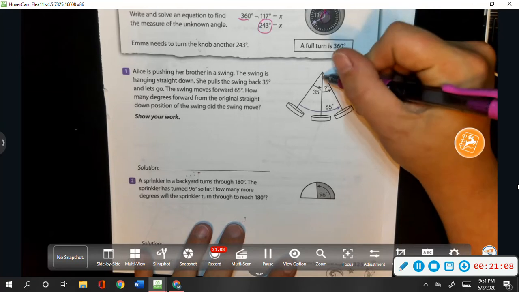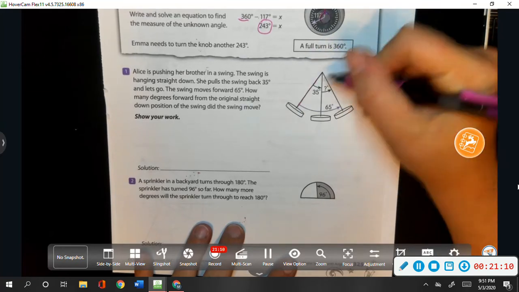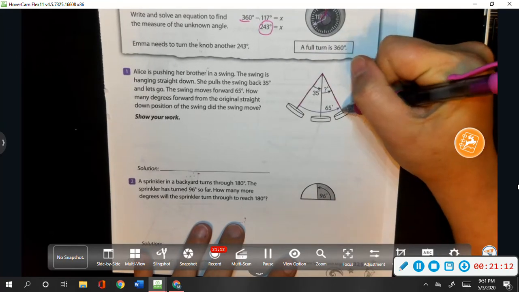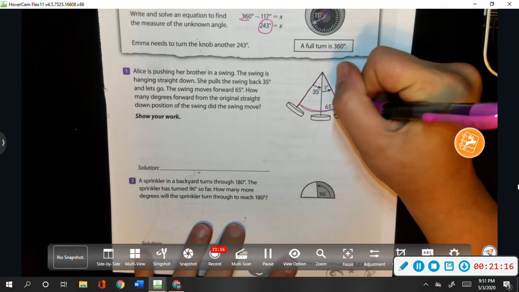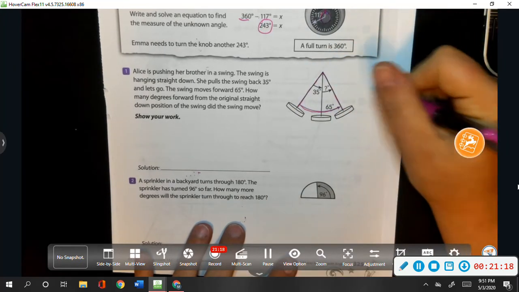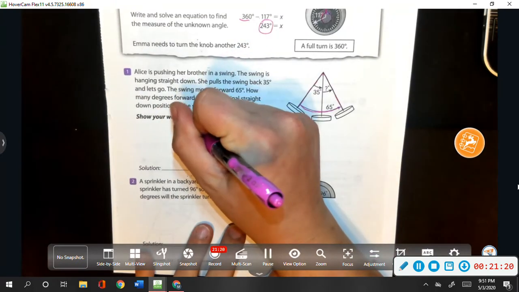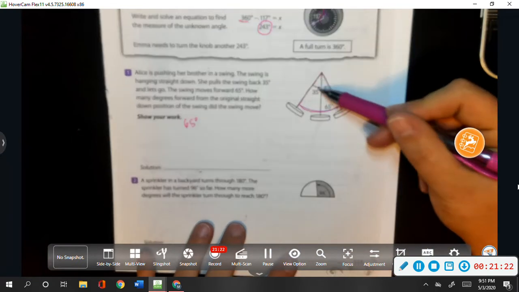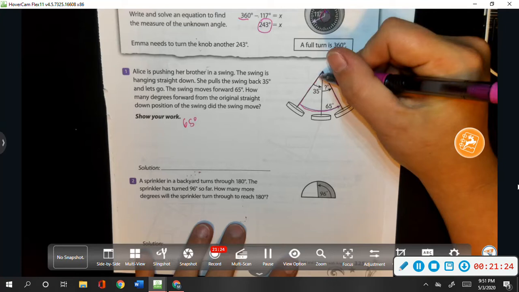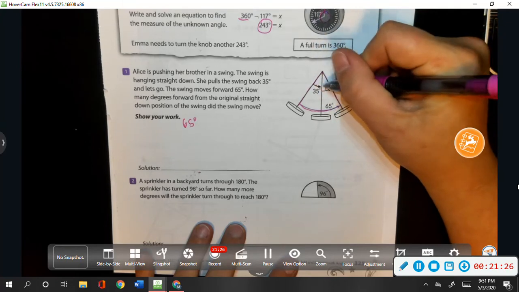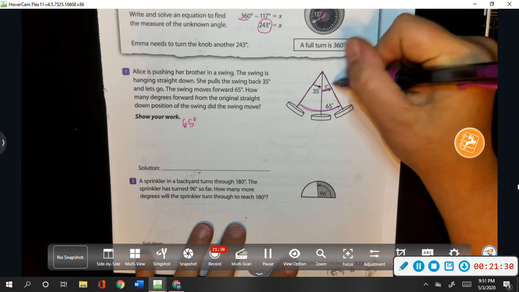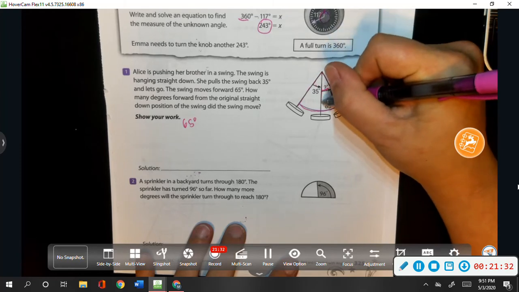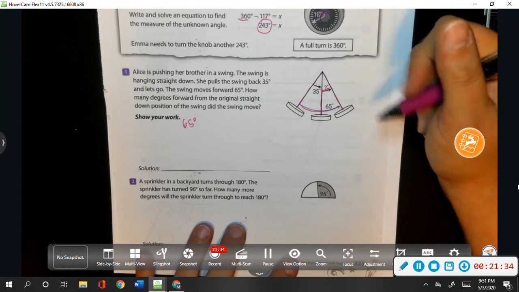So we have our composed angle right here. That's our large angle, and it was a total of 65 degrees. Then she swung, and it went 35 degrees, but how many degrees did it go backwards before coming straight back to the original spot?